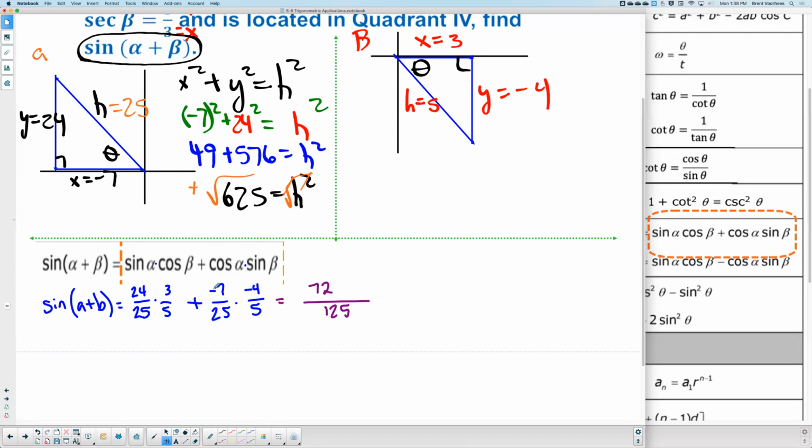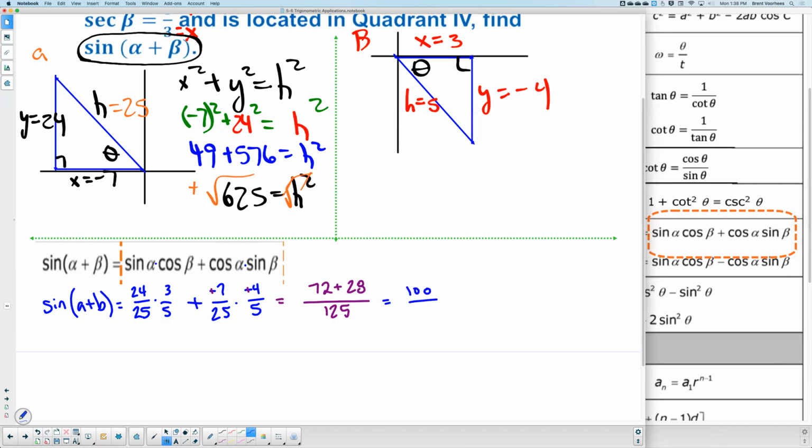Good. Plus, this will be a negative times a negative. What happens with a negative times a negative? They will go positive. So it still will stay a plus. 7 times 4 is 28. So 72 plus 28 is 100.